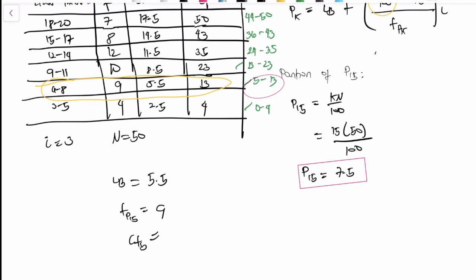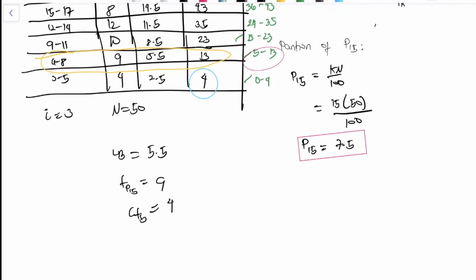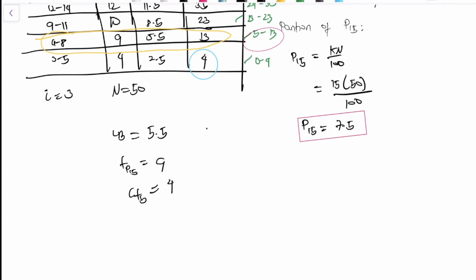The P15 class has a cumulative frequency of 13, so we use the cumulative frequency below it, which is 4. Now we can compute for the P15, or the 15th percentile. I forgot to put here the I, the size of the class interval, which is equal to 3.